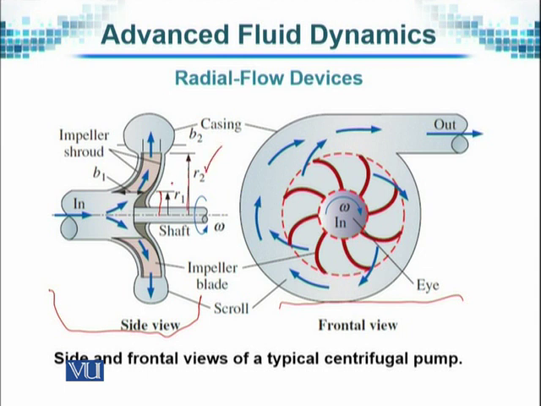So the radius R1 is taken for this side, and R2 goes up to here. Similarly, there is the casing, and the other things are pretty simple to see. Omega is the angular velocity, the velocity with which this shaft is rotating, and it is rotated by the motor that exists in this device, the centrifugal pump.